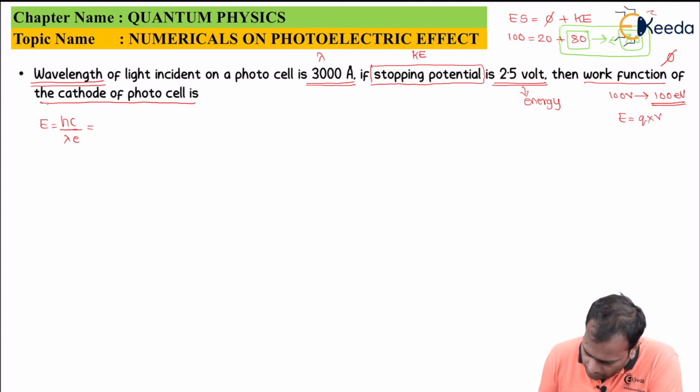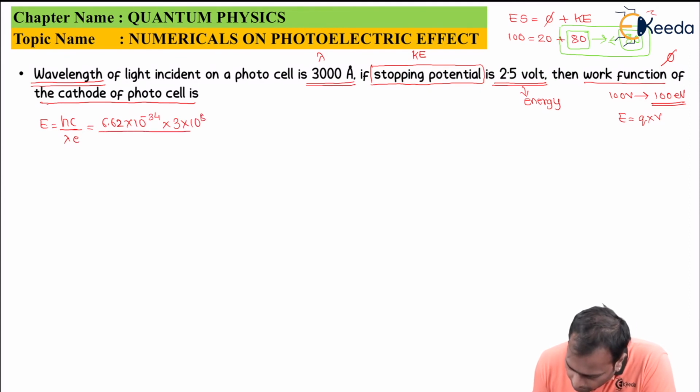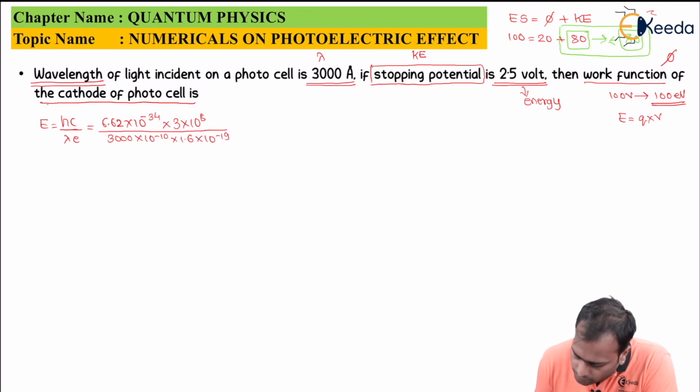Let's solve it further. It gives us 6.62 into 10 to the power minus 34 into 3 into 10 to the power 8 divided by lambda, which is 3000 angstrom, 3000 into 10 to the power minus 10 into 1.6 into 10 to the power minus 19.